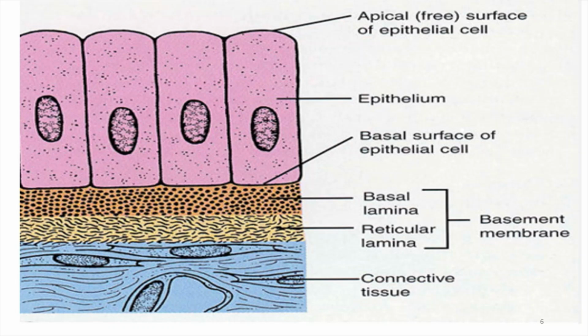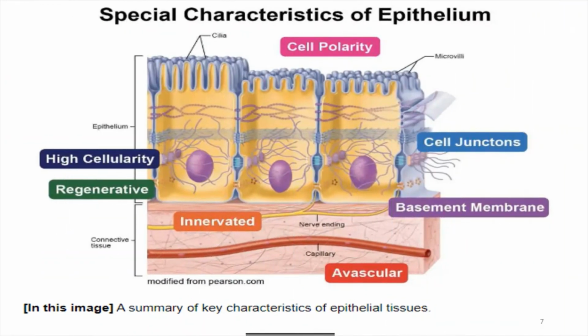This is an apical pore, and this is a basal pore. This is a nucleus here. You discover that the basal pore of epithelial cells lies on what we call the basement membrane. The basement membrane has 2 parts. It has the basal lamina and the reticular lamina. So those are the characteristics of epithelial cells.